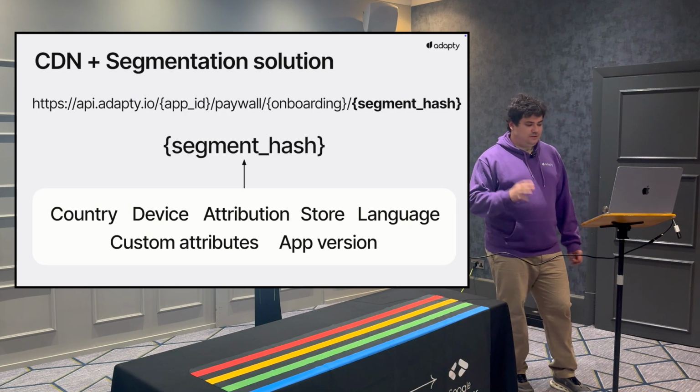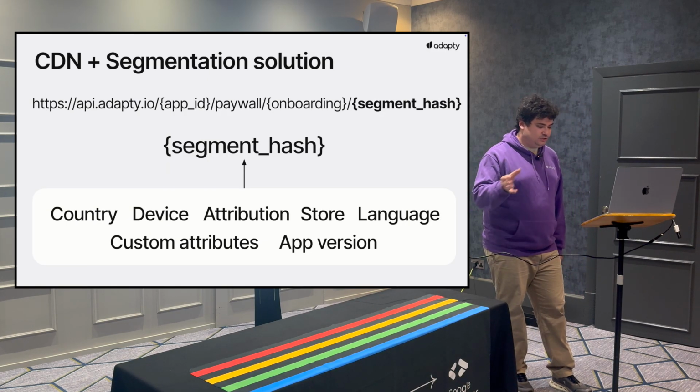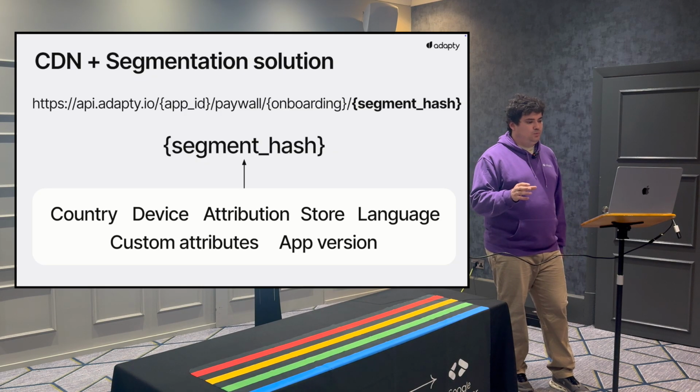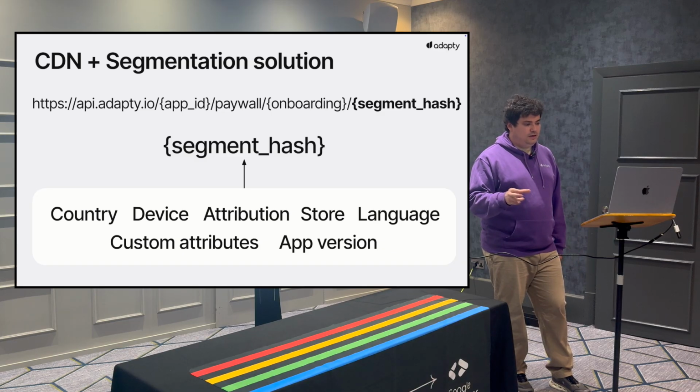it's not something extremely major, but it's also a nice technique that you can use. So basically, we encapsulated all the parameters that can affect the audience of the customer into one hash, and we embedded it into the URL.